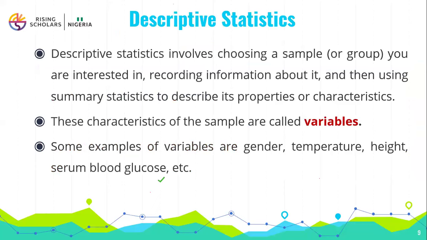It involves choosing a sample of groups that you're interested in, and then describing it. And there's a way we describe it. We use what we call summary statistics to describe its properties. So these are properties of the sample we have picked. Let's say out of all the people that registered for this session, about over 1,000, 183 are currently on call.